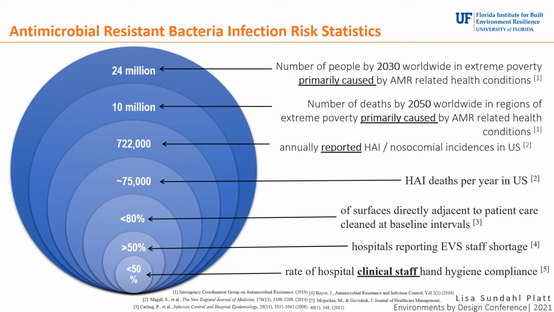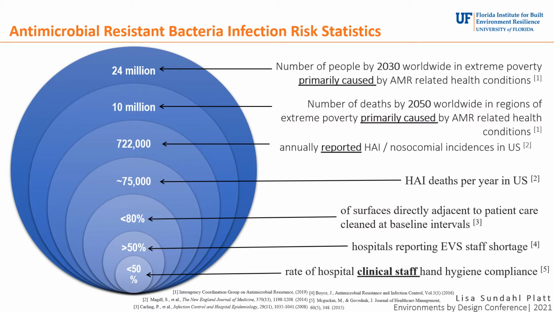So some important statistics that impact both community and healthcare and environmental safety as it relates to the threat of infectivity caused by antimicrobial bacteria include that the rate of hospital clinical staff hand hygiene compliance is often less than 50% when this data is reviewed by external review teams.